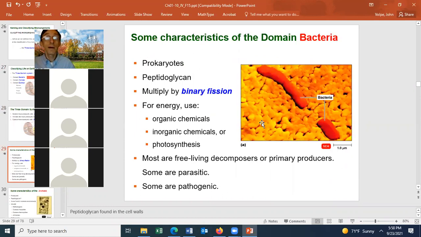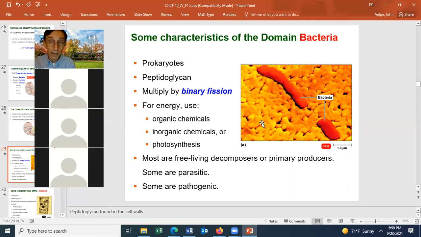All right, if not, let's talk about some of the characteristics of the domain bacteria. As I just stated, we'll talk about the domain bacteria a little bit more in this class than any other domain. And there are some reasons for that, and we'll discuss that later. The cell type is prokaryotes. The bacteria have the molecule peptidoglycan in their cell wall.